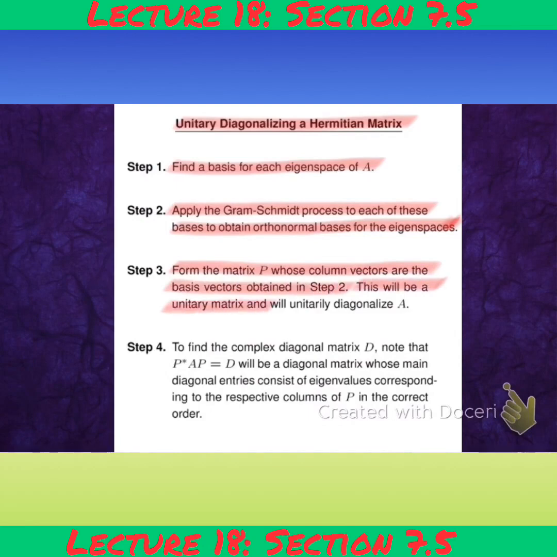And this will be a unitary matrix and will unitarily diagonalize A. And then also to find the complex diagonal matrix D, note that this will be a diagonal matrix whose main diagonal entries will consist of eigenvalues corresponding to the respective columns of P in the correct order. Okay, so it's very similar to the previous chapters, the process for diagonalization.